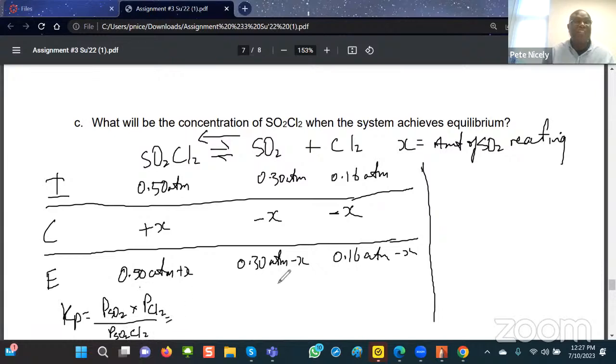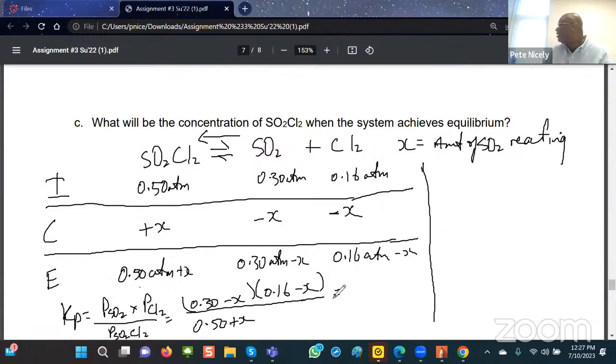And then we're going to put each of these terms into their respective positions in this expression. So for SO2, that's 0.50 plus X multiplied by the pressure of Cl2, which is 0.16 minus X. And then down here, I'm going to have 0.30 minus X, and that would be equal to Kp, which is equal to, according to the question, 0.011.